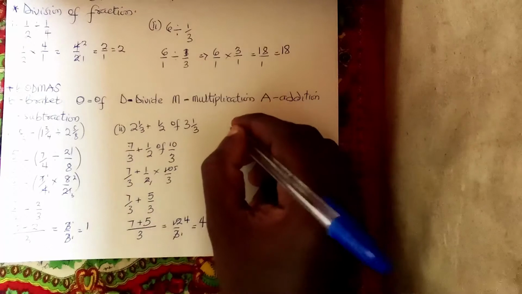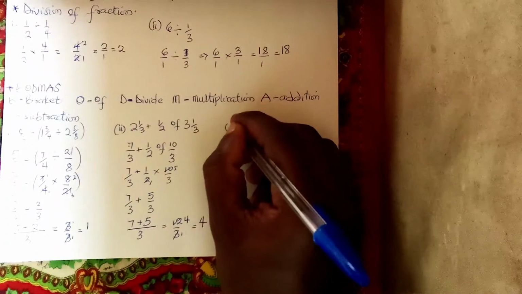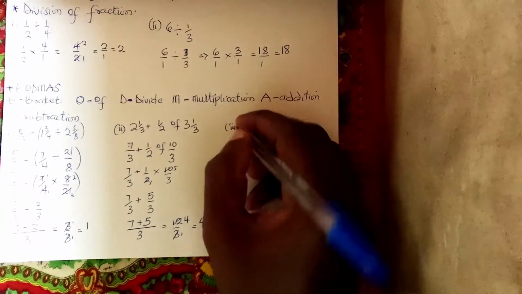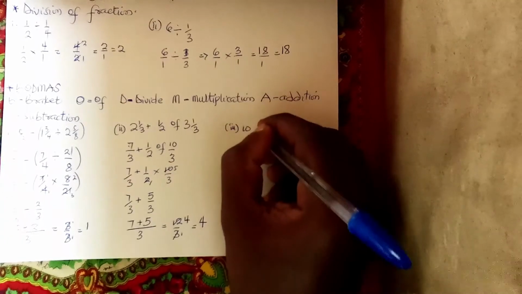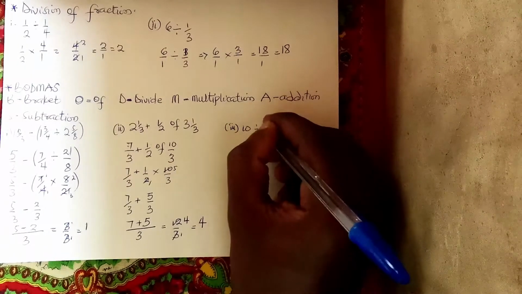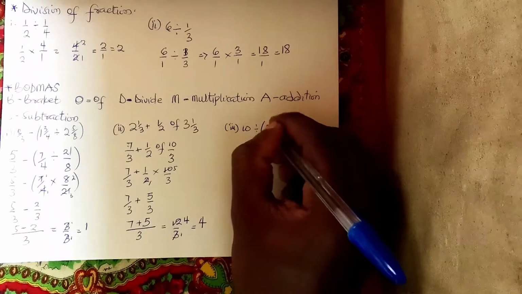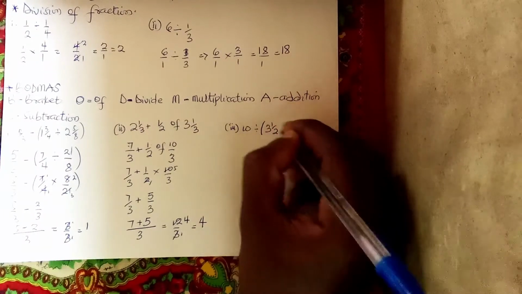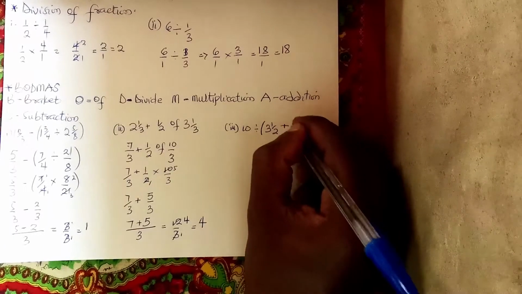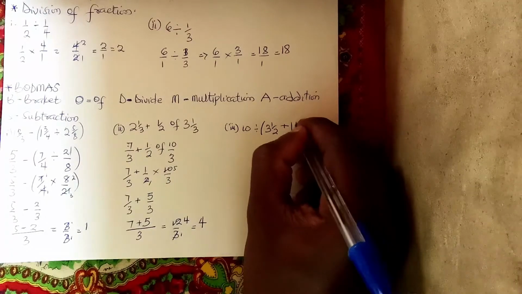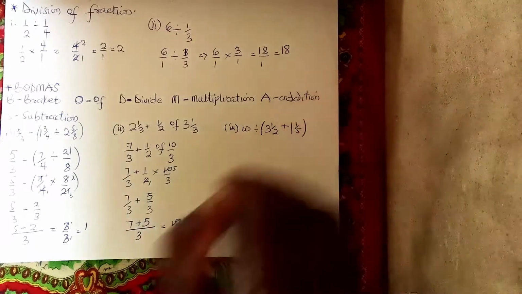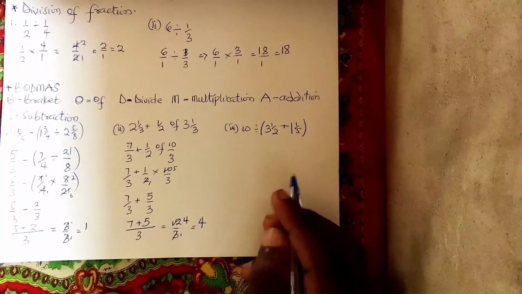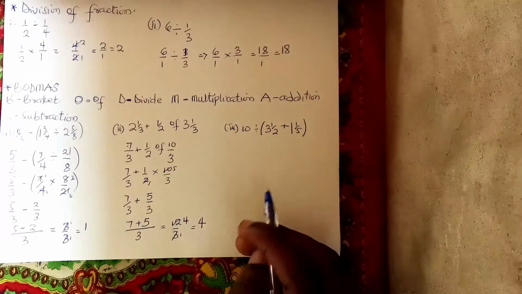Example 3. You have 10 divided by bracket open 3 on number 1 on 2 plus 1 on number 1 on 5. With this, we have to change the mixed fractions into improper fractions.